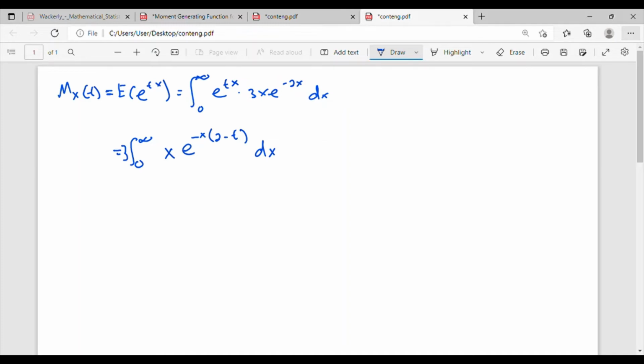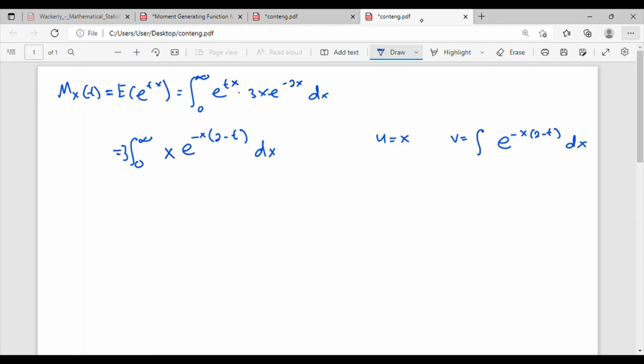We need to do integration by parts. Remember, in integration by parts, first we must determine u. We let u be x, and v be the integration of e power of negative x times 2 minus t, dx.